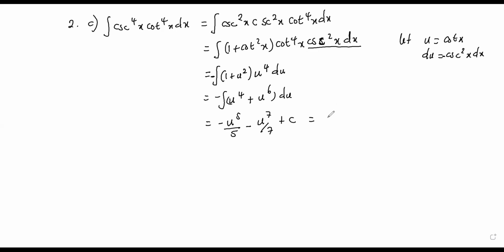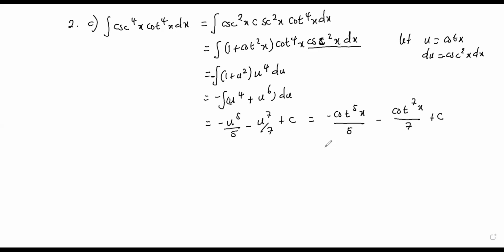Meaning, what is our u? Our u is cot, so we have negative cot 5x over 5 minus cot 7x over 7 plus c. Like this. Quite easy, that one.